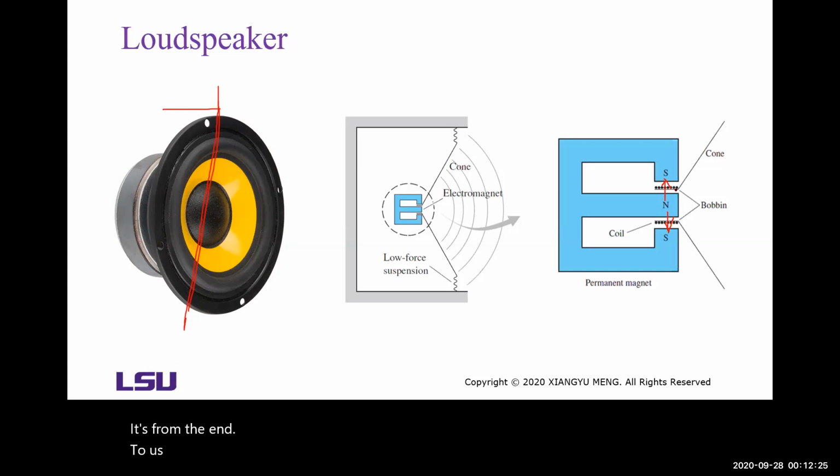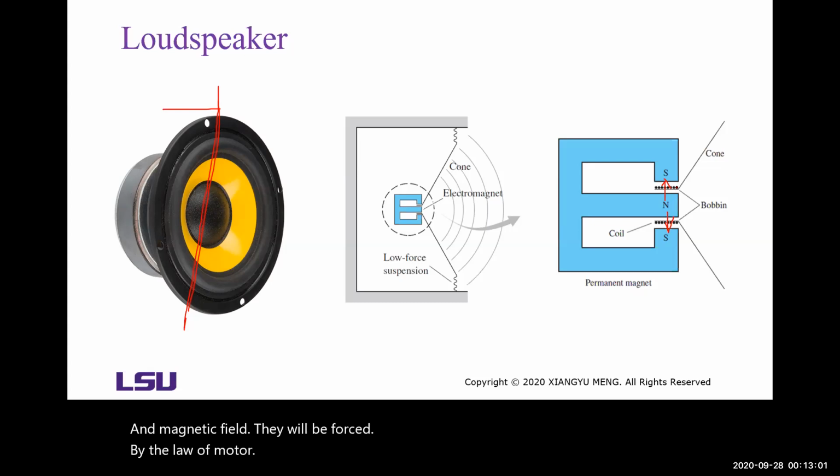Then the current is fed through the coil. The coils are wound on the bobbin. Now let's see what happens if there is a current and magnetic field. They will be forced by the law of motor.